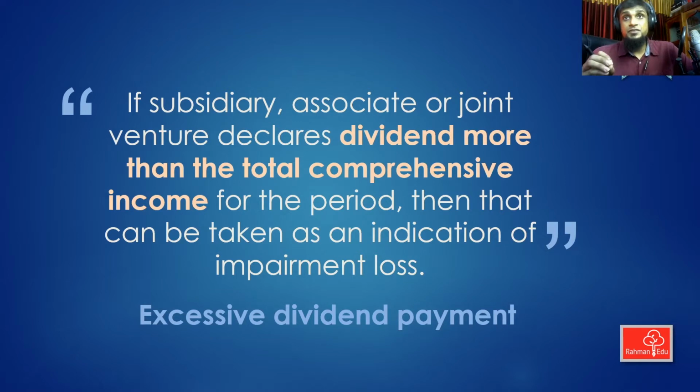Now, excessive dividend payment. Talk about only subsidiary, associate, joint venture. Normal shareholding is outside of the scope of this IAS. Remember that. So if those subsidiaries, joint ventures or associates pay excessive dividend in a particular year, which may be higher than the profit for the year, that may indicate maybe the subsidiary, associate or JV is impaired. Maybe it is closing down, right?